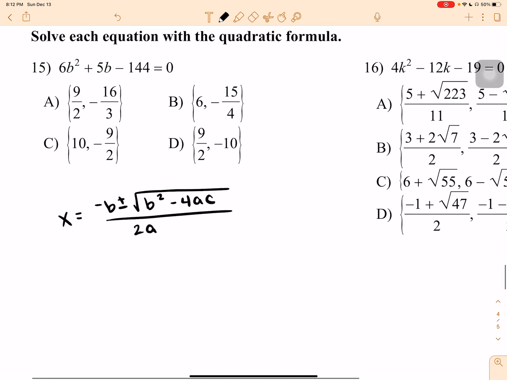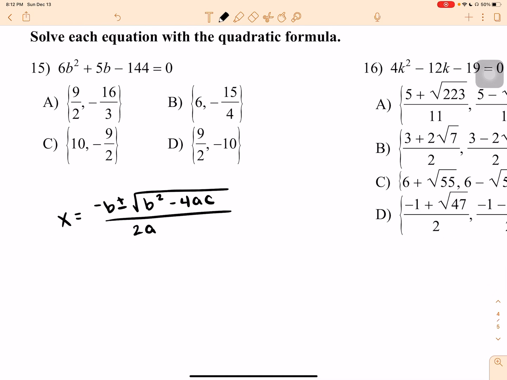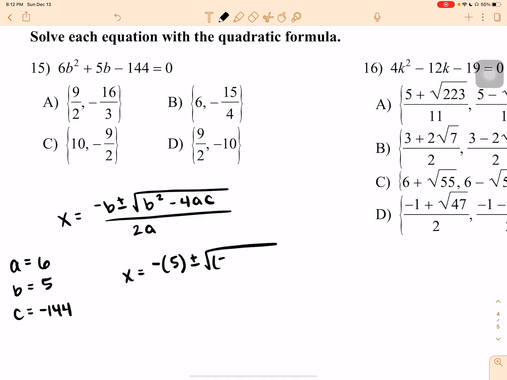So in this one here, a is 6, b is 5, c is negative 144. Okay, so here I'm going to have x equals negative 5 plus or minus the square root of 5 squared minus 4 times 6 times negative 144 all over 2 times 6.